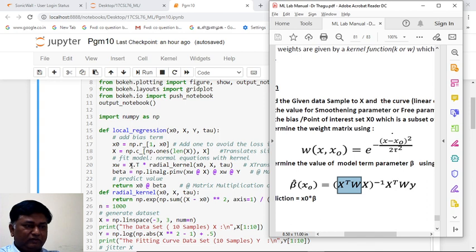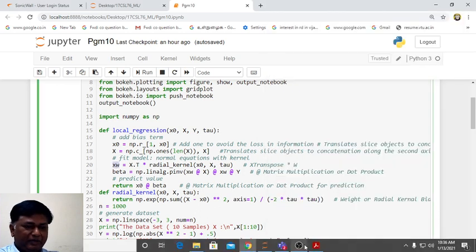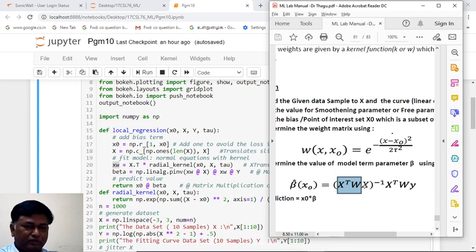So this one will take your x transpose and W. Only this part is calculated and stored in this line. And for the remaining matrix values, this XW will be multiplied with your x, inverse is calculated, then again the same XW variable is multiplied with y. That is given in this line.